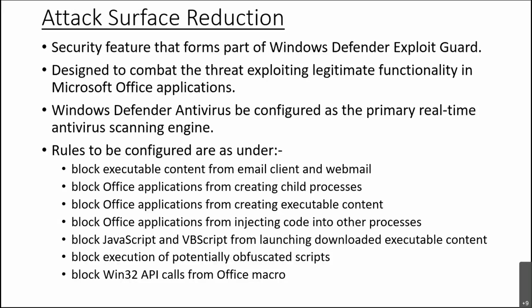You should configure your Windows Defender to block all these unwanted things if you are not working on those, like email client and webmail. If you are only accessing email through the browser, then it is okay. Otherwise, you should configure these rules to block all those things.